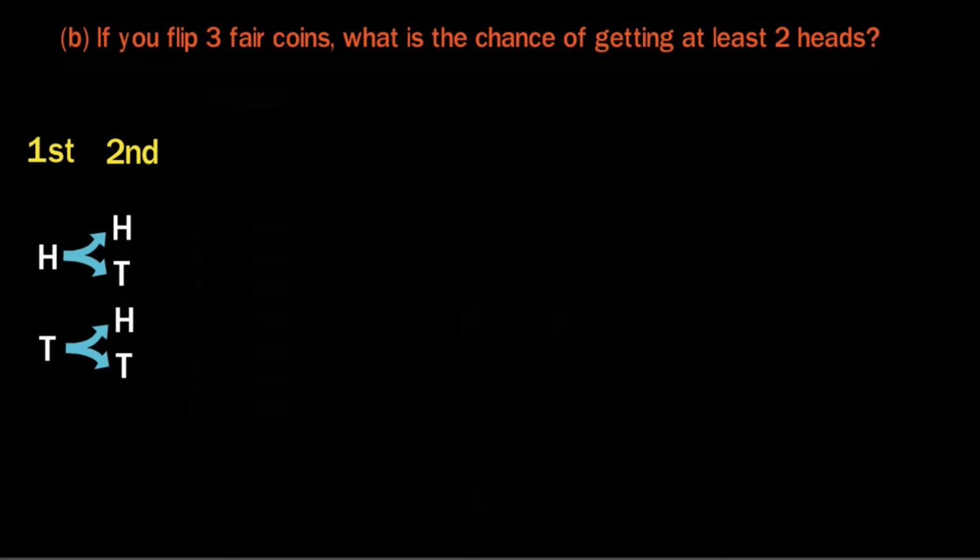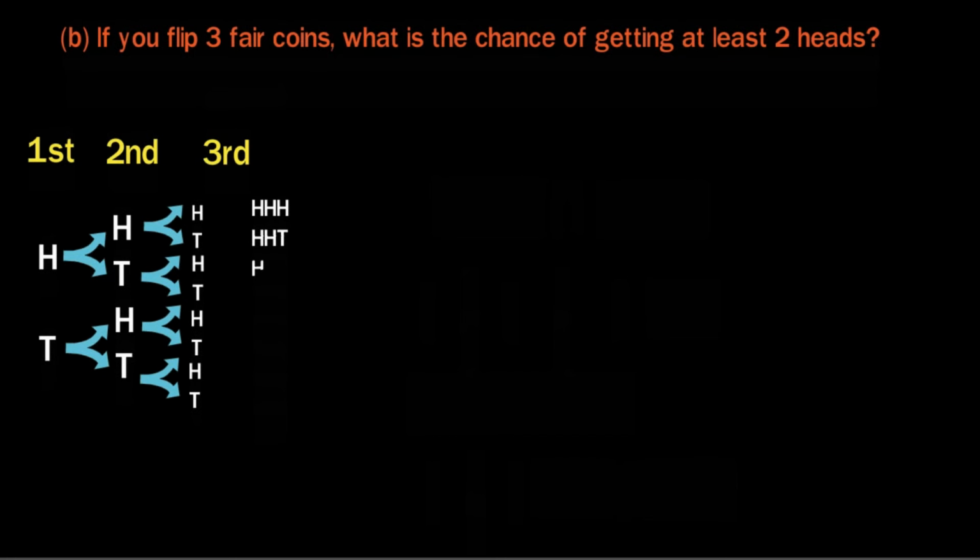So we have again 8 possible outcomes: HHH, HHT, HTH, HTT, THH, THT, TTH, TTT.